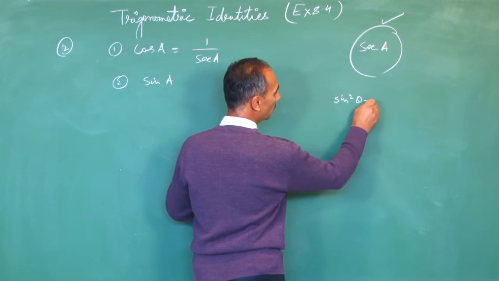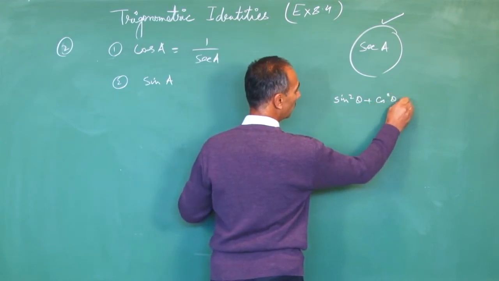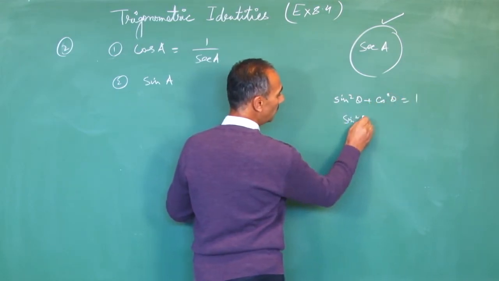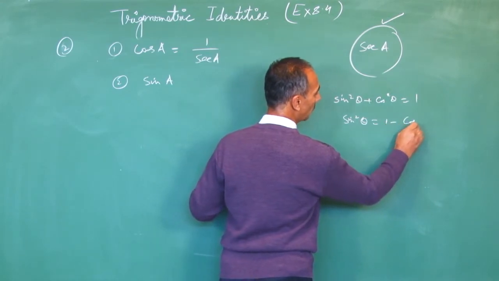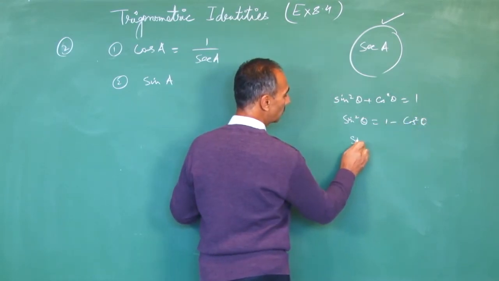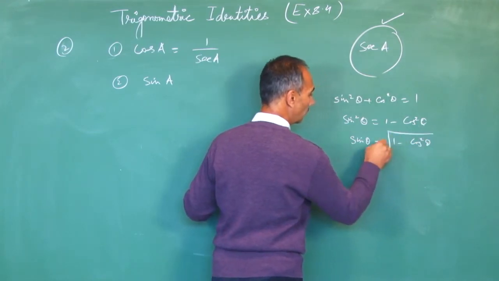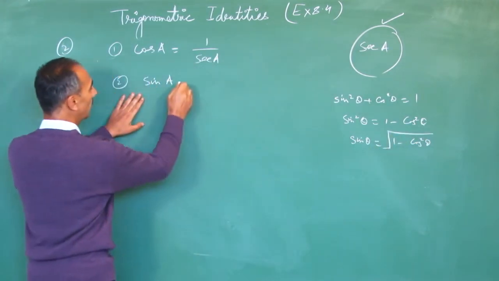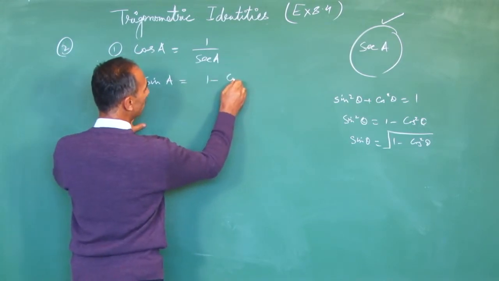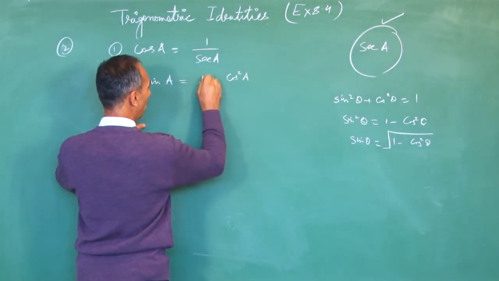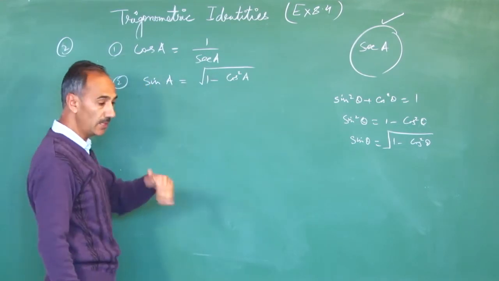My dear friends, sine square theta plus cos square theta is 1. So your sine square theta will be 1 minus cos square theta. That means your sine of theta is 1 minus cos square theta, square root of that. So I could express sine as 1 minus cos square A, square root of that. Sine in terms of cos.